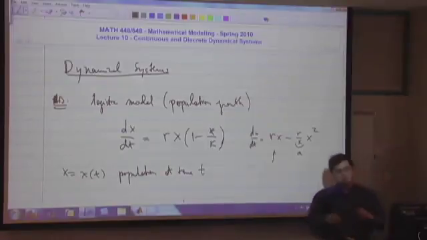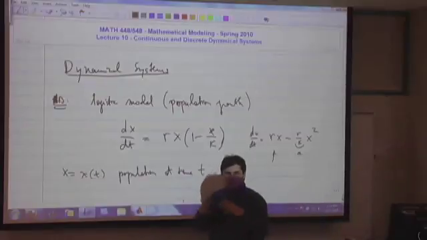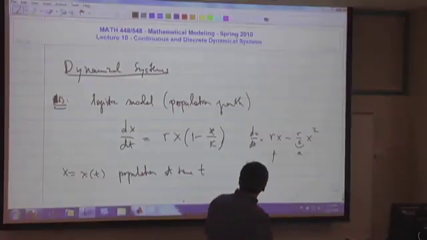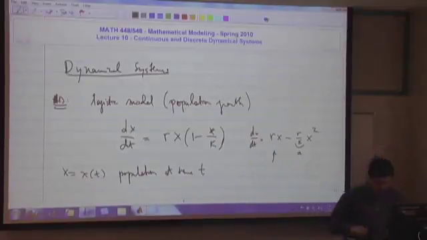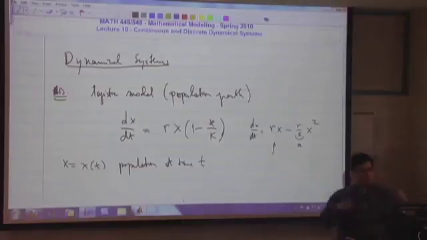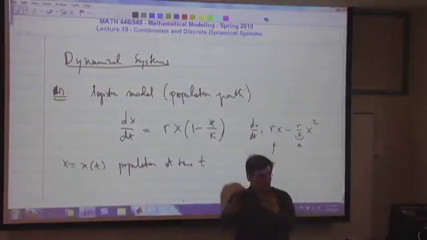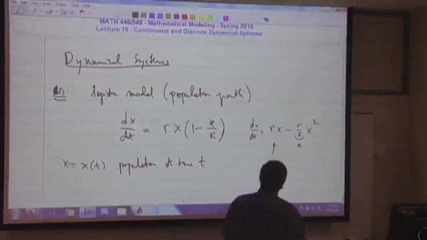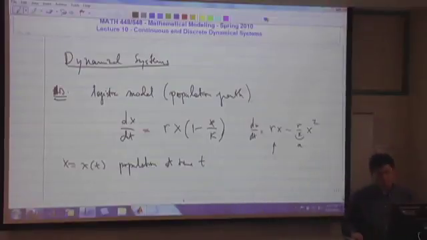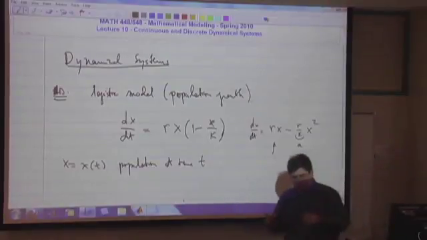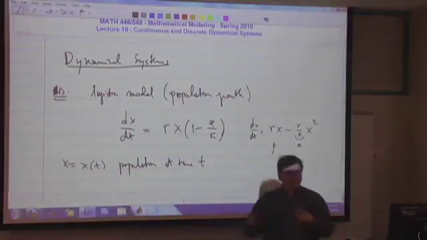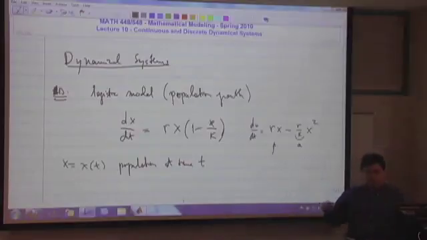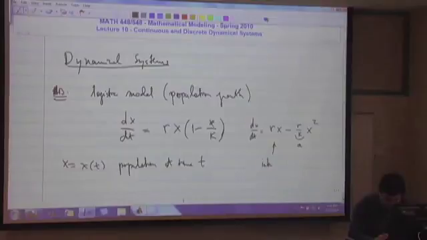Every time you build a model, you have to take into account certain effects. In a population growth, there's an intrinsic growth rate, which assumes that the bigger the population, the faster it grows. That applies to, I don't know, a bacteria population, or individuals that don't compete with themselves. It's just unrestricted growth.